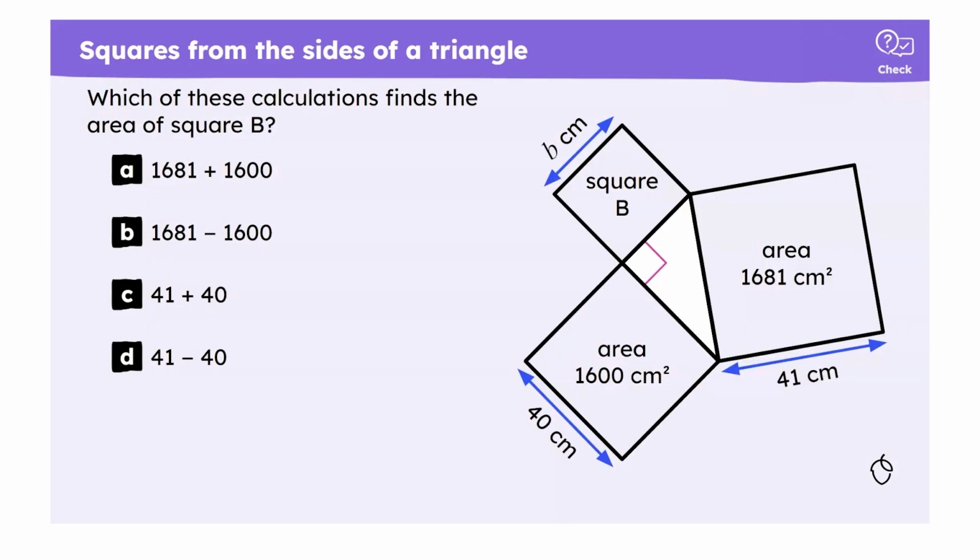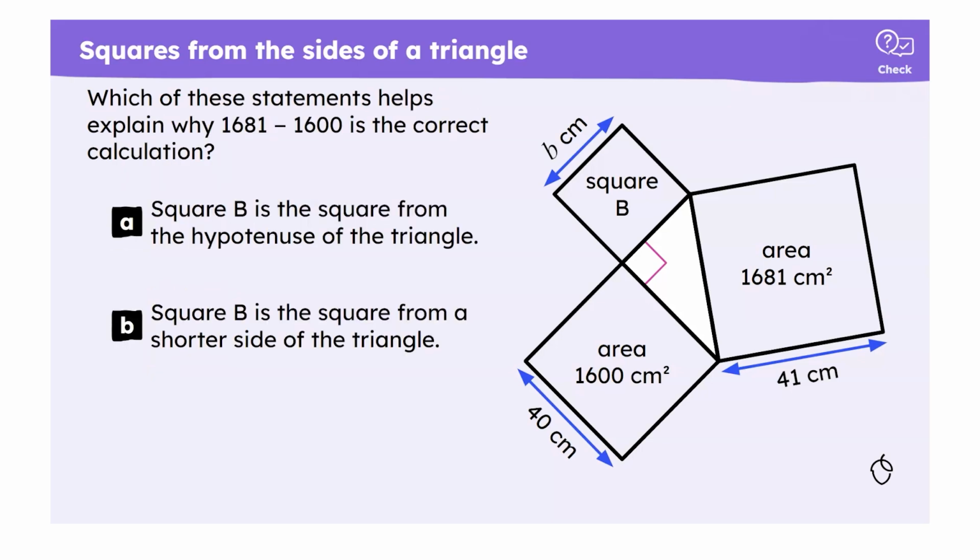Right, let's see if you can apply this information in this check. Which of these calculations is correct when trying to find the area of that smaller square B? Pause now to look through all of these options. The correct answer is 1,681, take away 1,600.